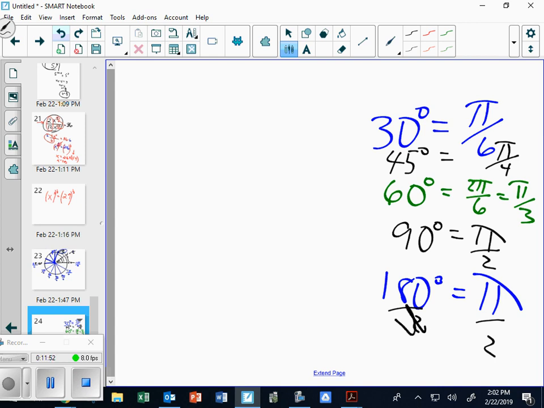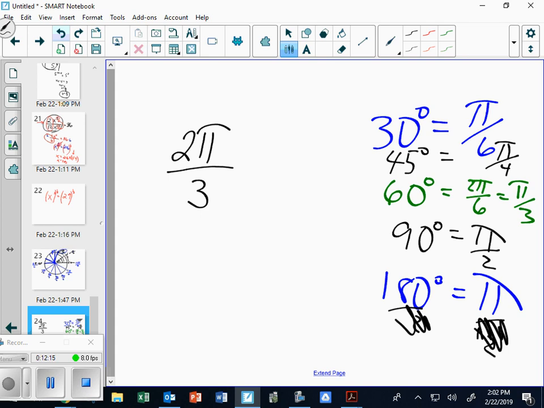So it all comes down to this 180 over pi thing. That's a big deal. All right, so if I was going to ask you to take 2 pi over 3 and figure out what that is, it's a number of degrees. Something you should be able to do. Don't talk back there, guys.